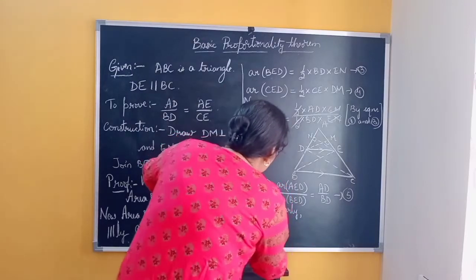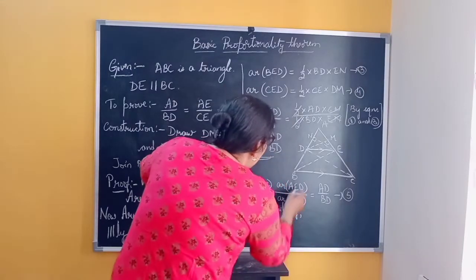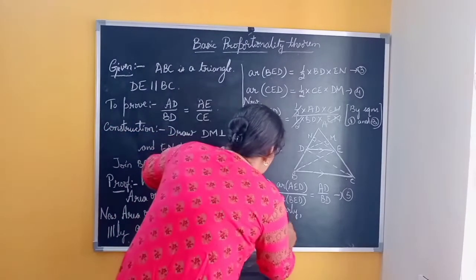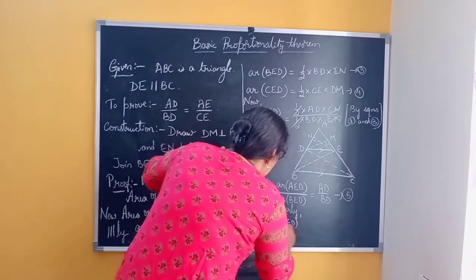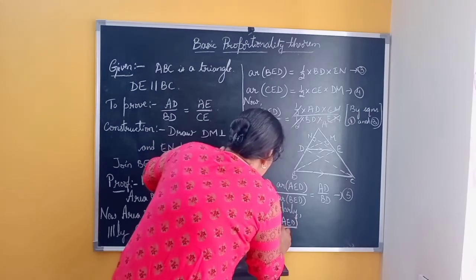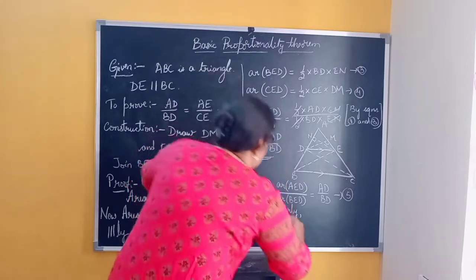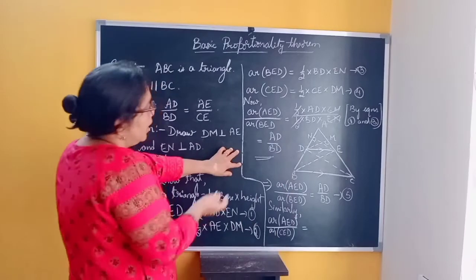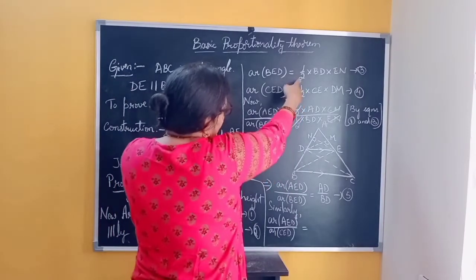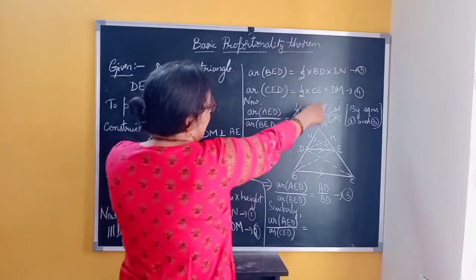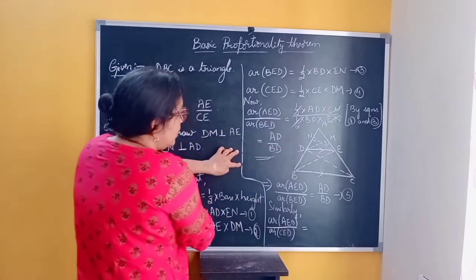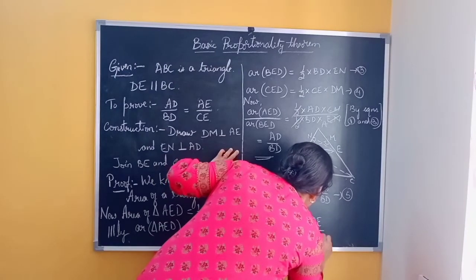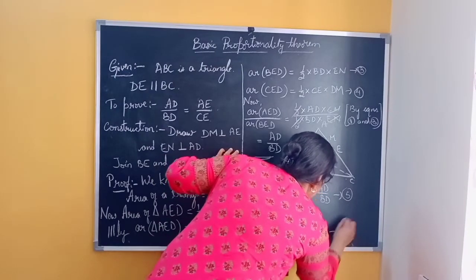What do we get here? Half gets cancelled and DM gets cancelled. We get AE by CE. This is equation 6.